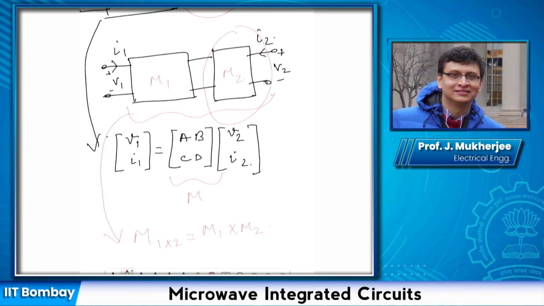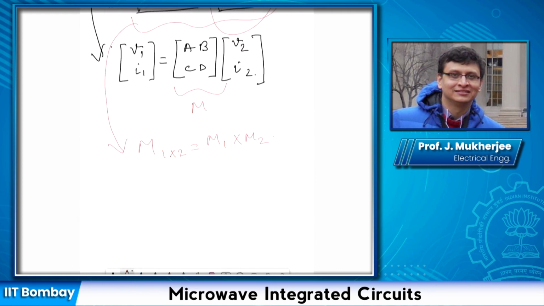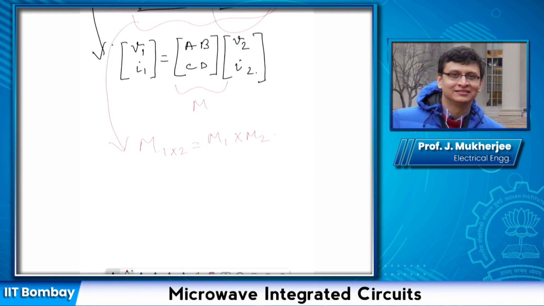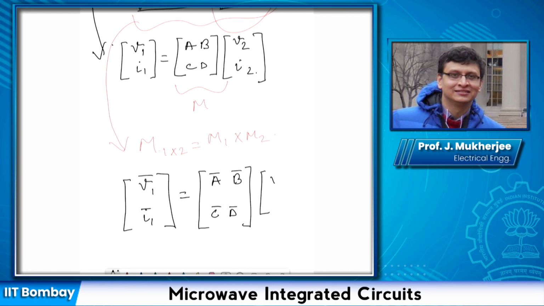We can also have normalized ABCD parameters. Normalized ABCD parameters are parameters that relate normalized input and output voltages and currents to each other.